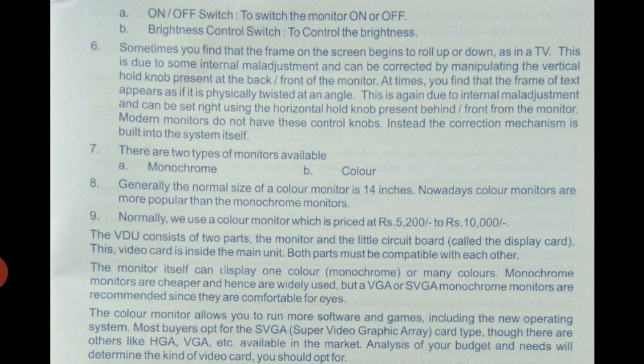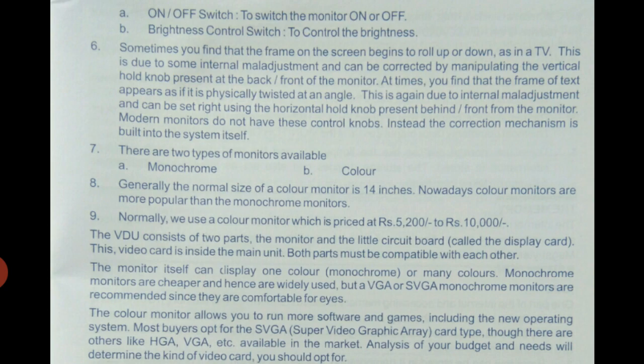At times you find that the frame or text appears as if it is physically twisted at an angle. This is again due to internal maladjustment and can be set right using the horizontal hold knob present behind or in front of the monitor. Modern monitors do not have these control knobs.